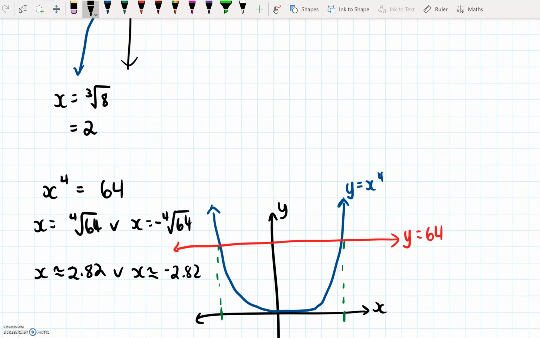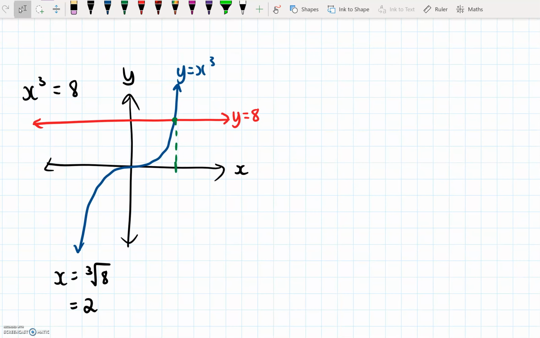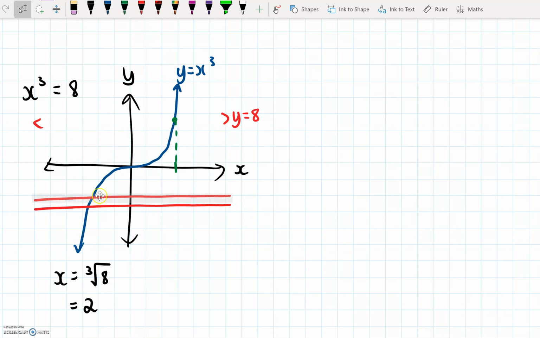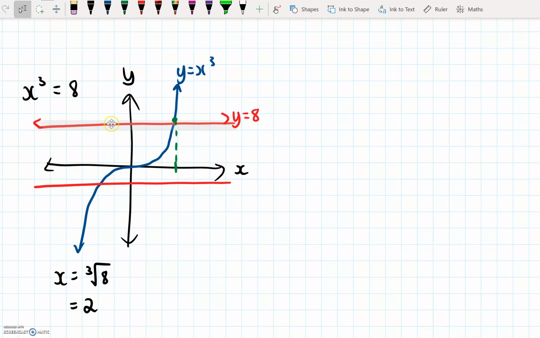Now, if a is less than 0, in the case of a cubic equation or x to the power of 5 or x to the power of 1, just x, y equals x, there will still be one solution. So it doesn't actually matter where we move this red line. If I move this red line down here somewhere, there's still one solution. Anywhere that I put it, there will always be one solution.